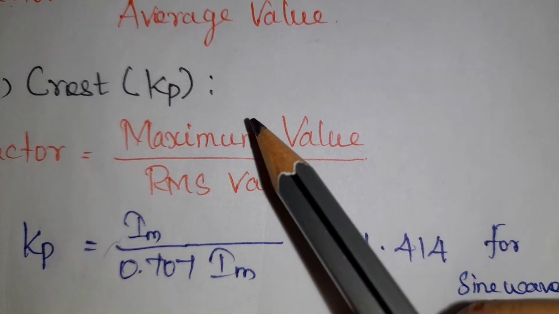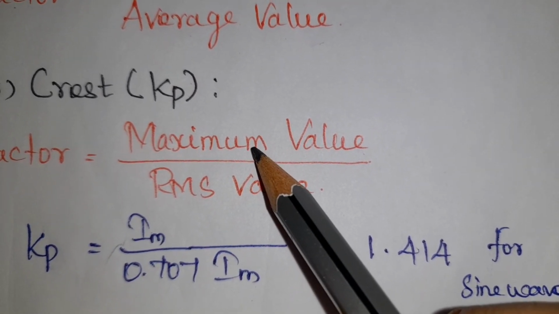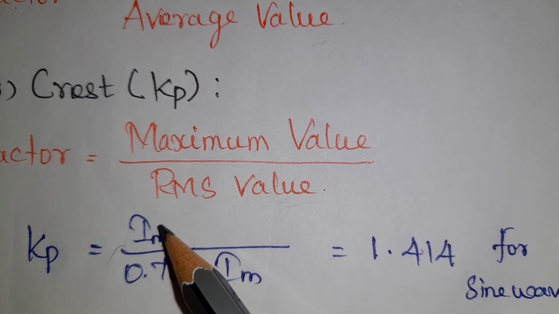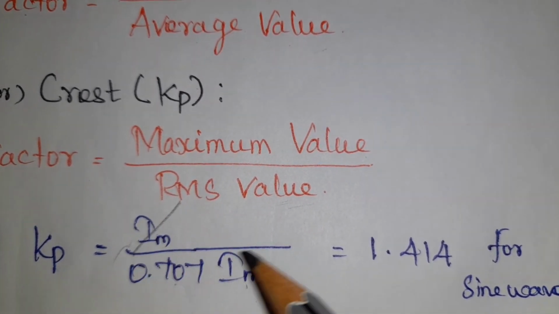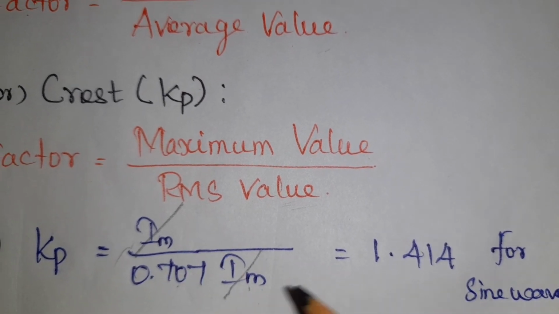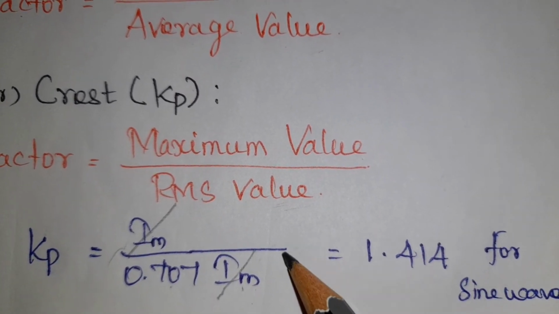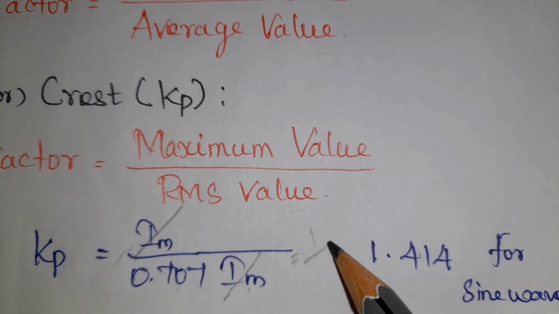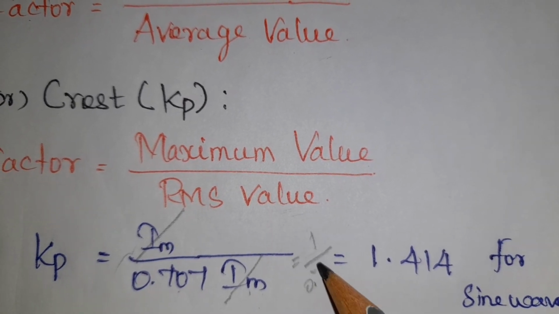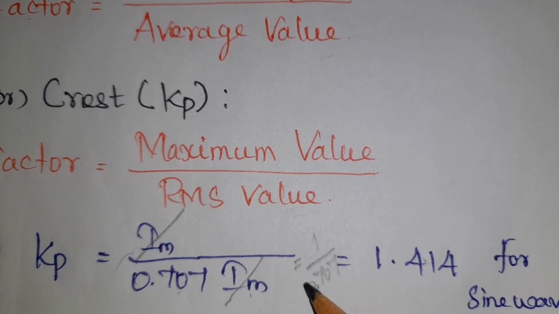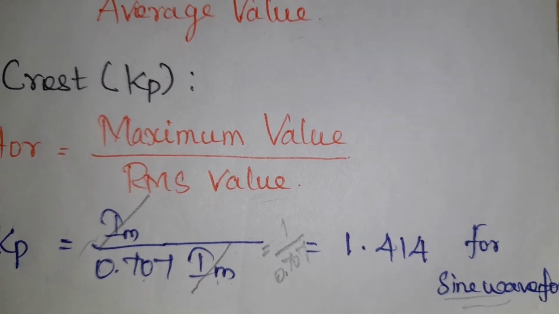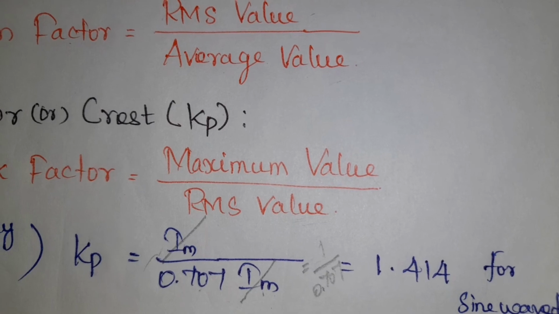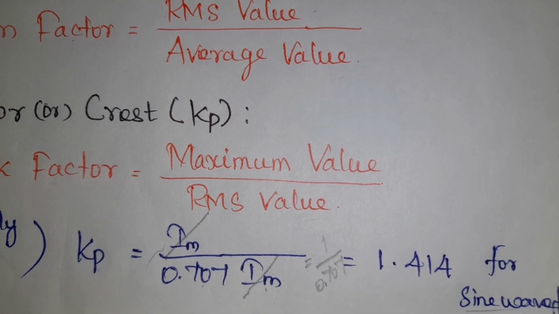Finally Im divided by Im gets cancelled, and we get 1 divided by 0.707, which is 1.414 for a sine waveform. So Kp is 1.414 for a sinusoidal waveform.